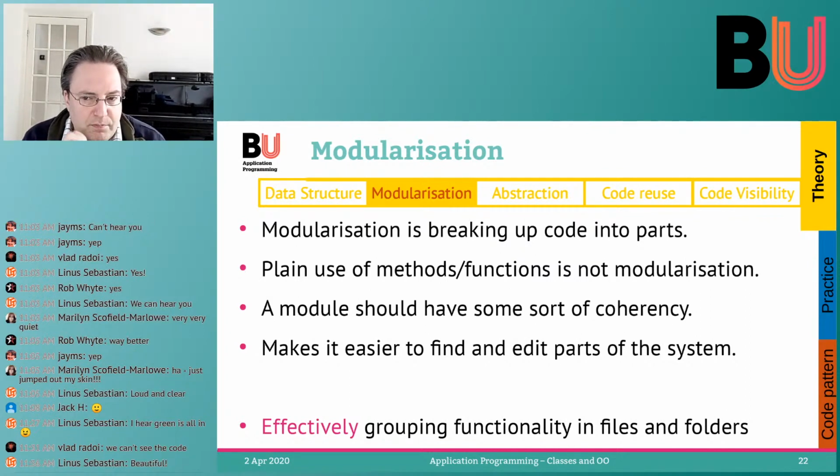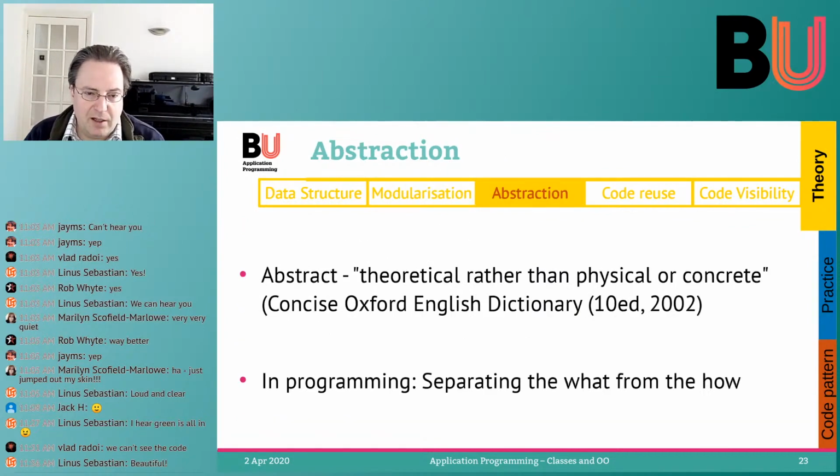So modularization in this case says, okay, I put this functionality in this class, and everything else that needs that access just uses this class and doesn't need to worry about how it's implemented. Of course, you also have files to group things and folders and stuff like that. And that's where Kotlin modules or Python modules come in as well.